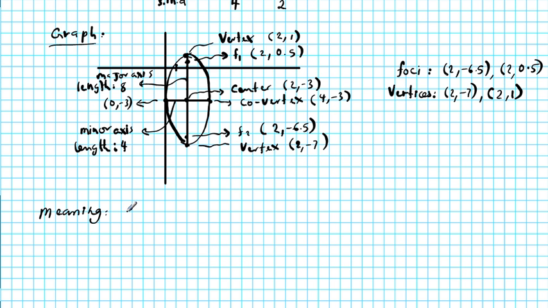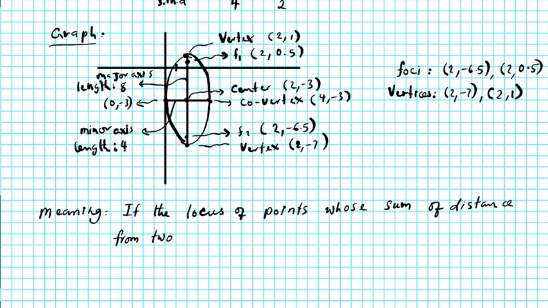The meaning basically is that if the locus of points whose sum of distance from 2 fixed points, the 2 fixed points here are going to be your foci, 2, -6.5 and 2, 0.5, is constantly what?